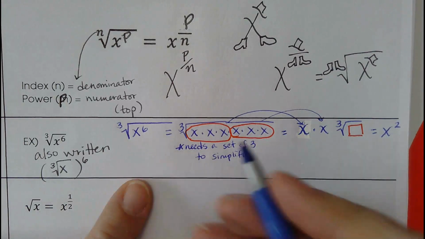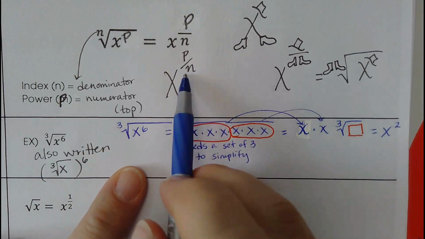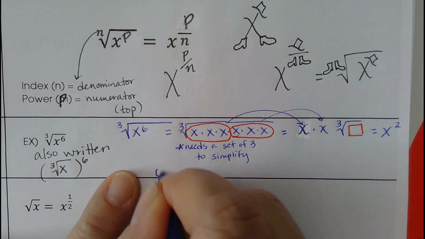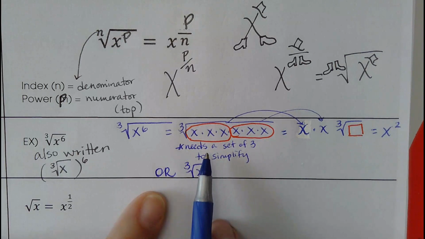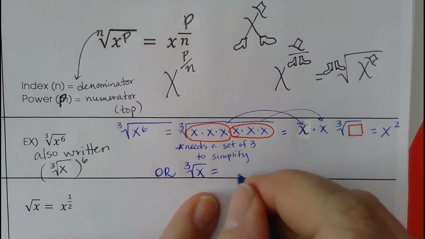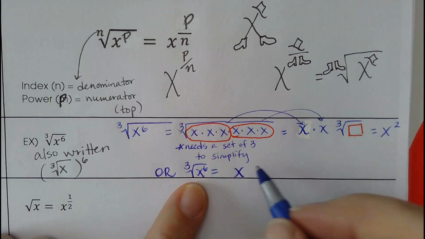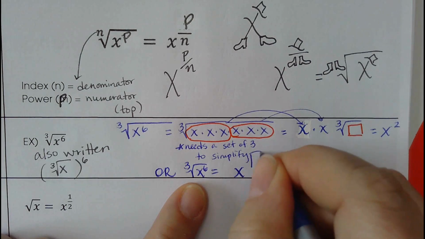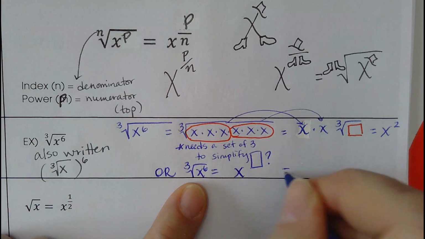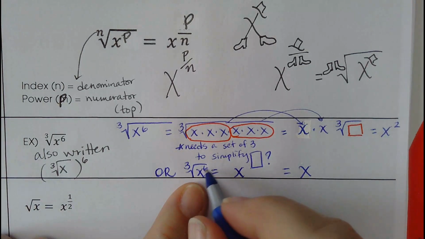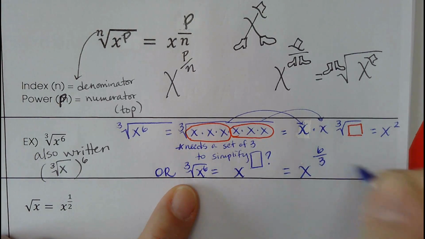If I rewrite this cube root x to the 6th using this property, then I would write x, and for the exponent, I will write the power as the numerator and the index as the denominator.